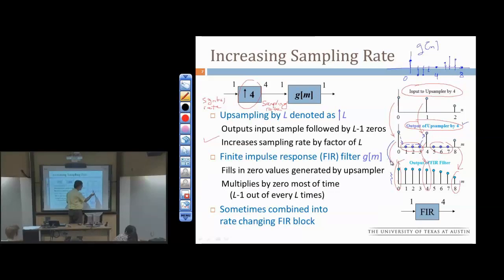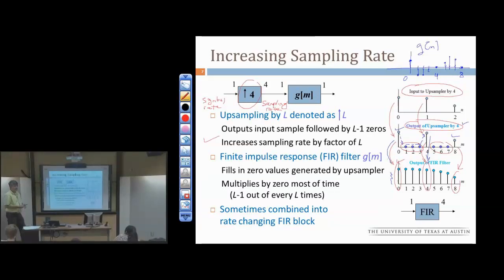So I don't get any contribution from these other original values that went into the upsampler. Likewise, if I'm looking here at index 4, and I'm flipping and sliding, then contributions here and here are zeroed out if I have this shape g[m] for my impulse response.